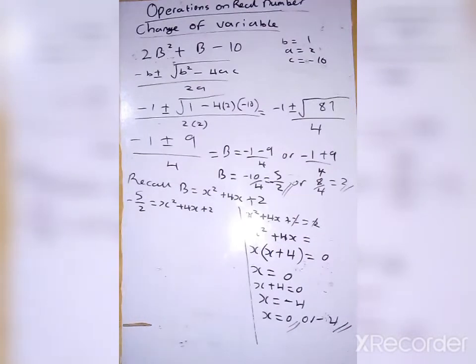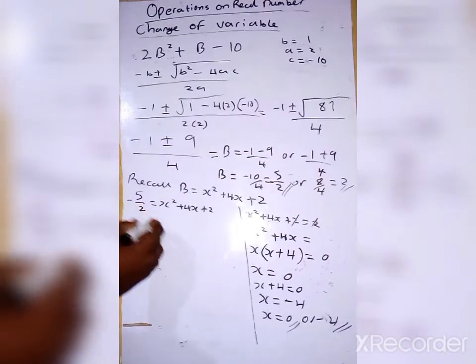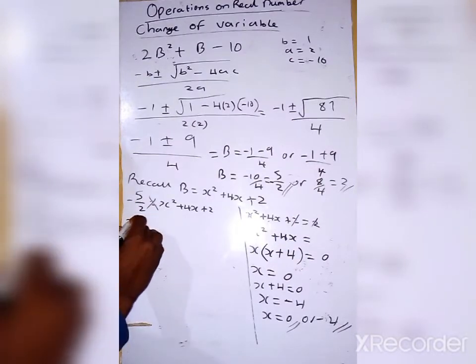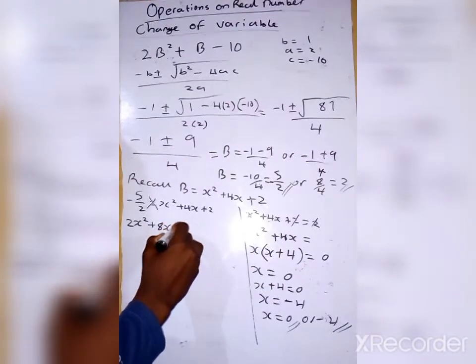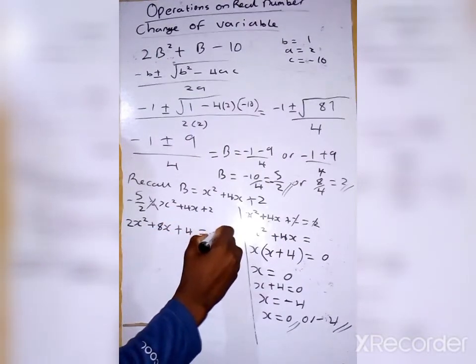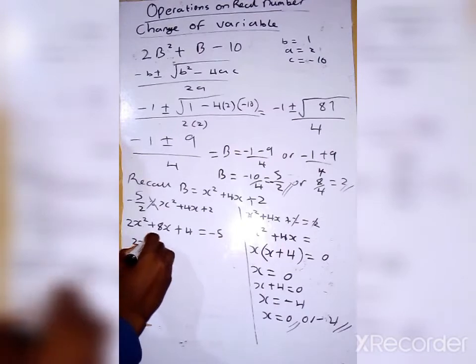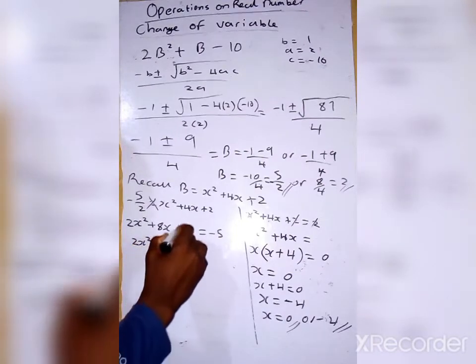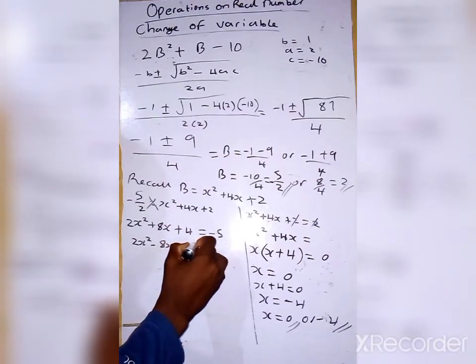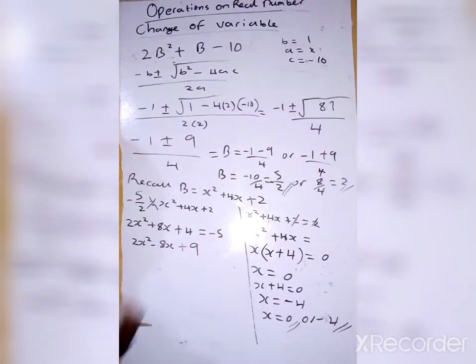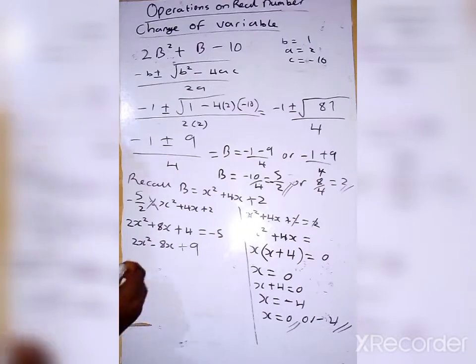Now let's solve when x is this. We cross multiply. We have 2x squared plus 8x plus 4 equals minus 5. So we have 2x squared plus 8x plus 9 equals 0. We can solve this using the quadratic formula.